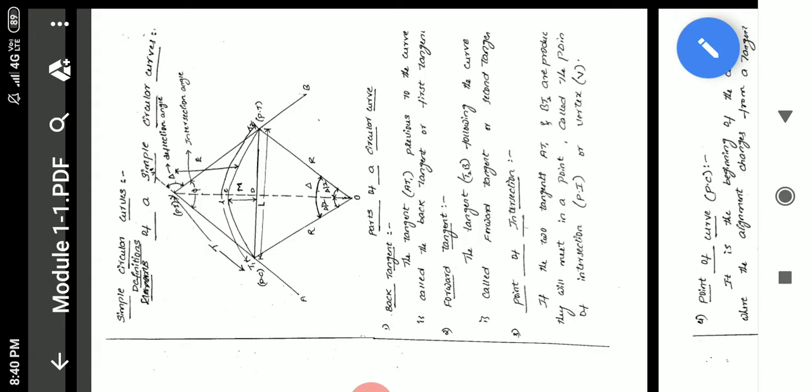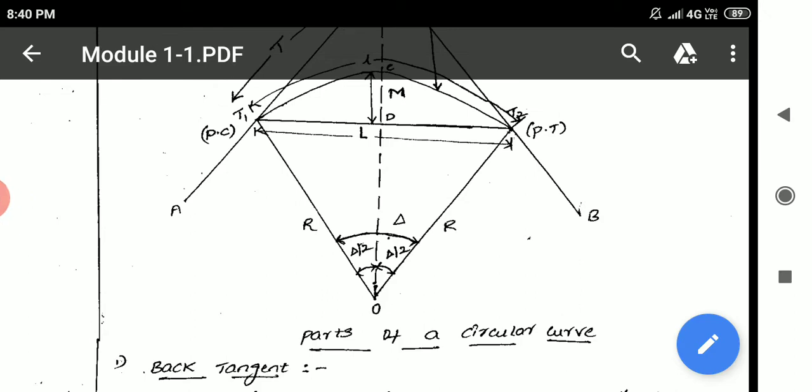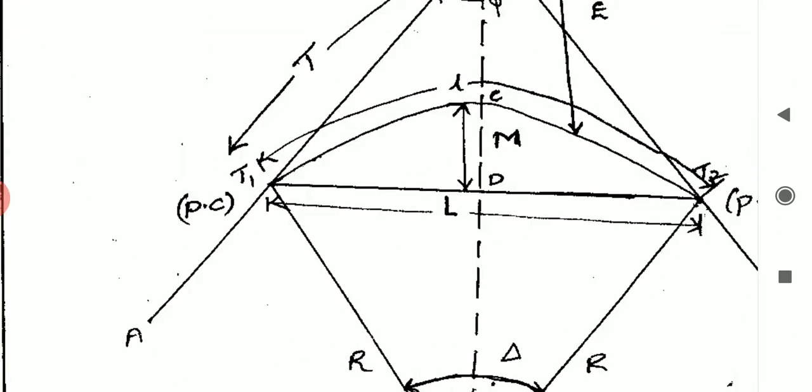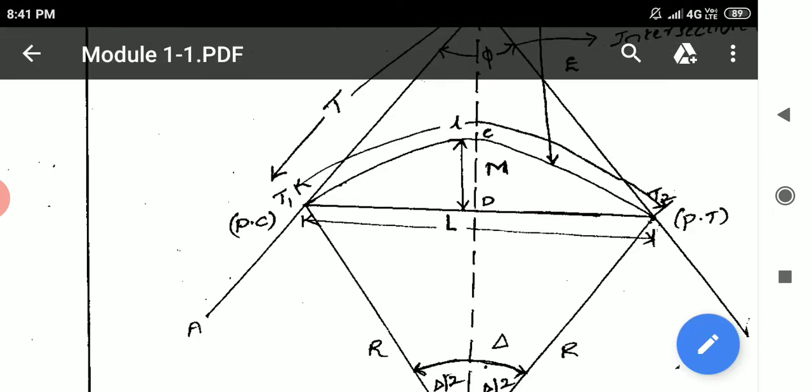See here, the first one is the back tangent. The back tangent is AT1. See here in this figure, the back tangent is AT1. The tangent previous to the curve is called the back tangent, or the first tangent. AT1 is the back tangent.